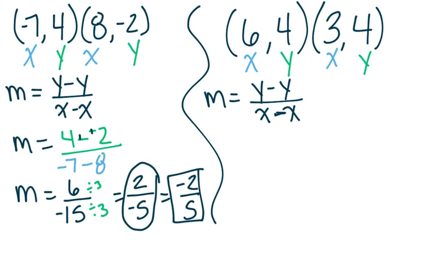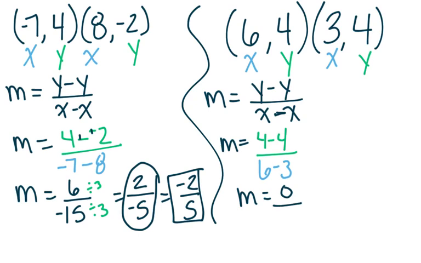So I have m equals 4 minus 4 over 6 minus 3. And 4 minus 4 gives us 0 over 6 minus 3 gives us 3. And 0 on top is 0. Sometimes I like to put a slash through my 0 just so that they know that that's a 0.